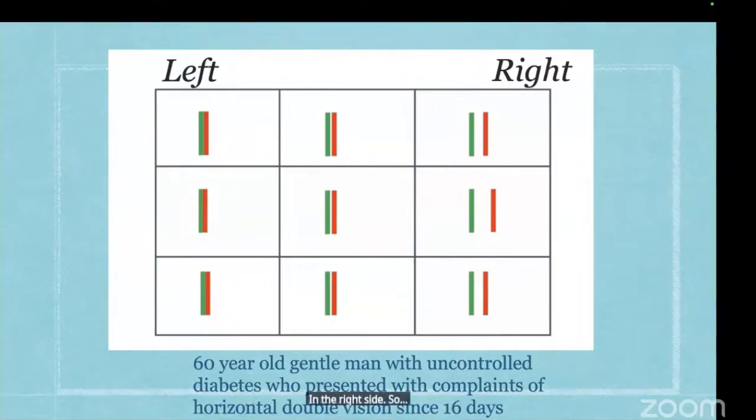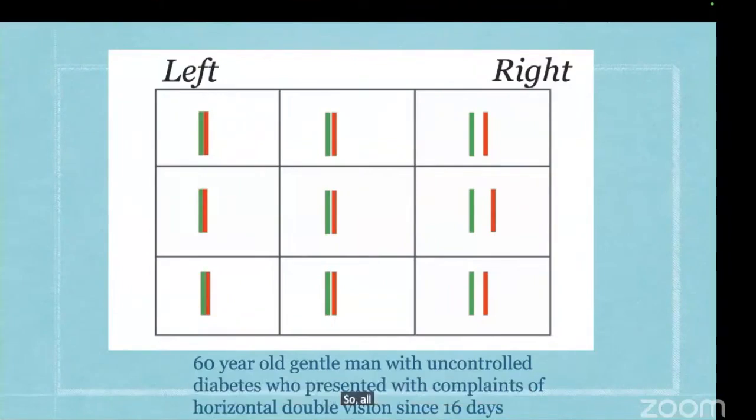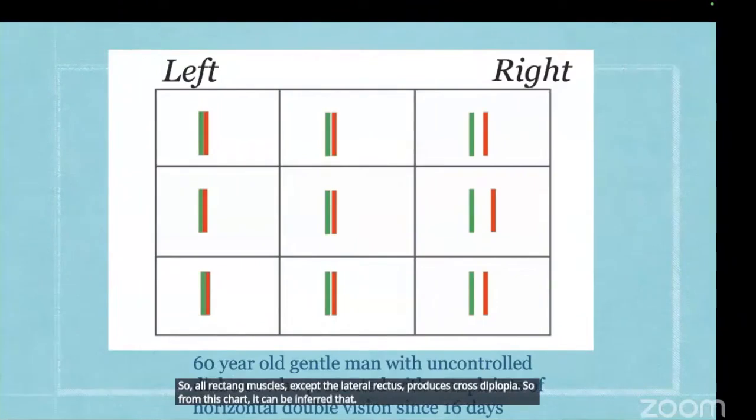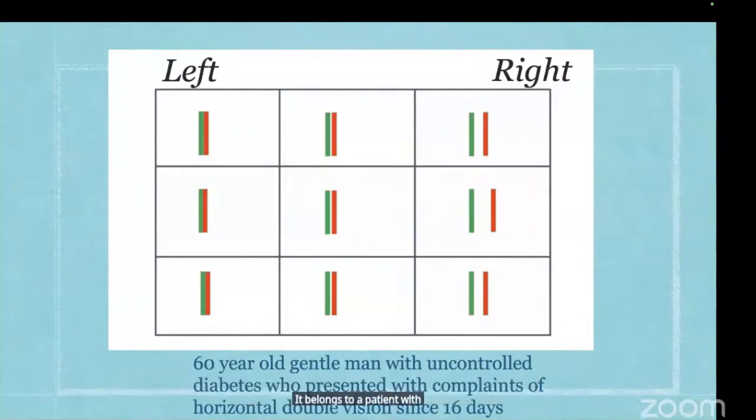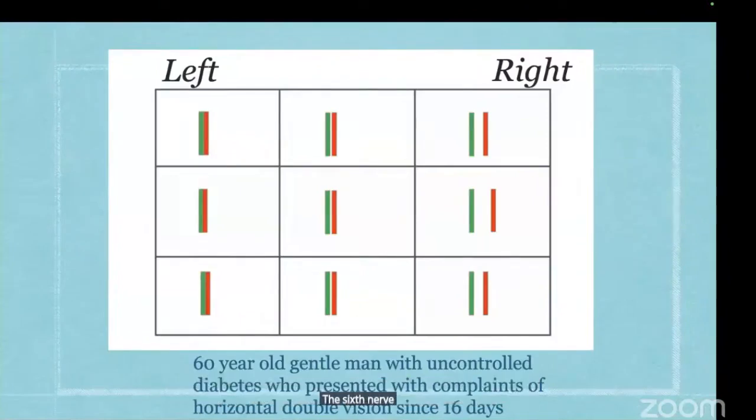This implies something is wrong with either the medial rectus or the lateral rectus muscle. All recti muscles except the lateral rectus produce crossed diplopia. So from this chart, it can be inferred that it belongs to a patient with lateral rectus palsy of the right side, probably due to the sixth nerve, the abducens nerve palsy of the right eye.